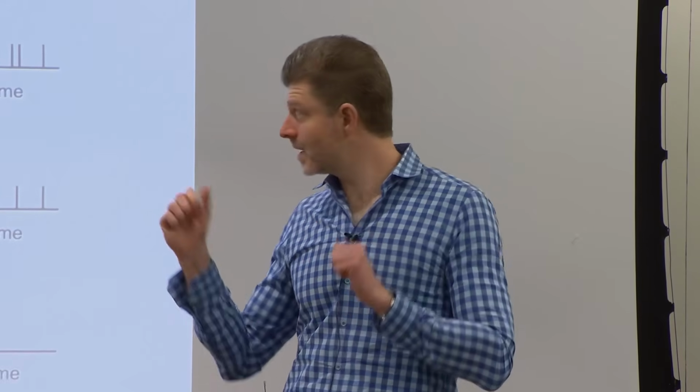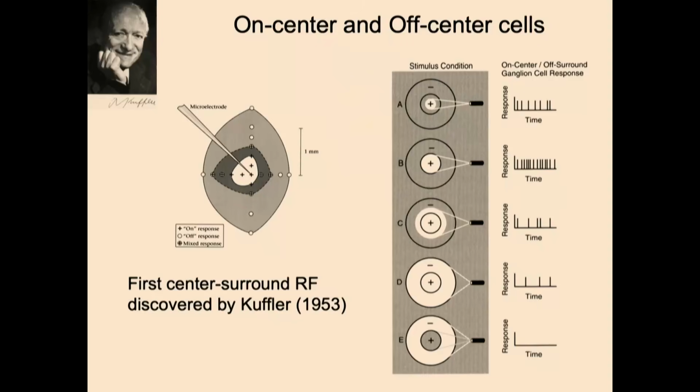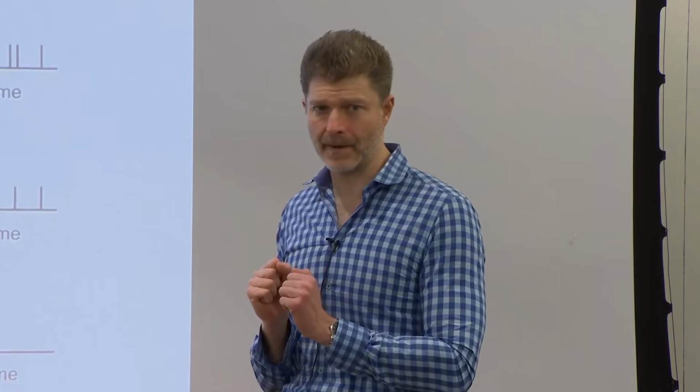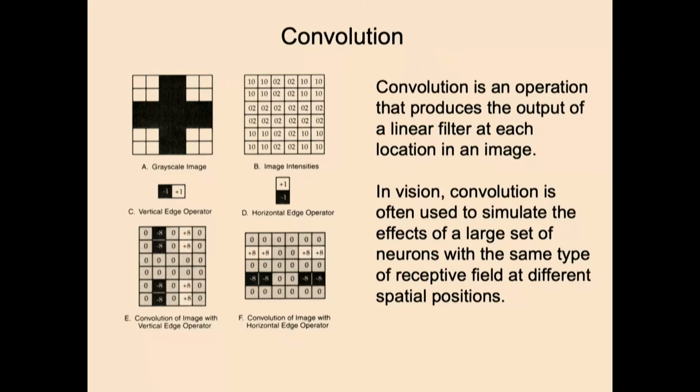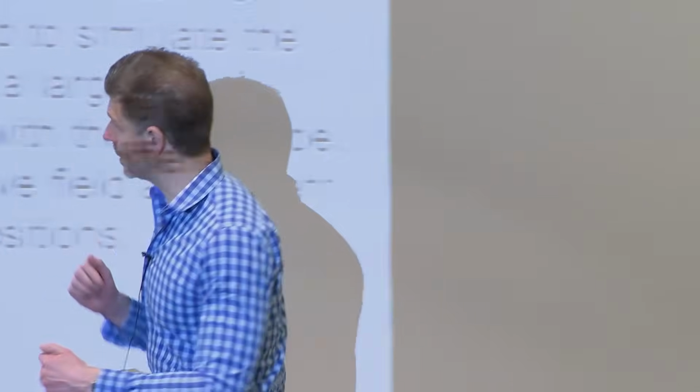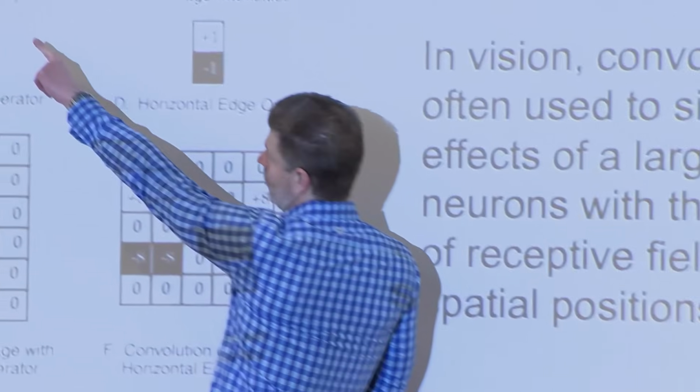So the image is being analyzed by a huge set of neurons that all have receptive fields that look like this, just at different positions within the image. One way to capture or simulate that population is by taking a particular filter or receptive field type and convolving it with the image. This is what this looks like. Here's an example grayscale image.